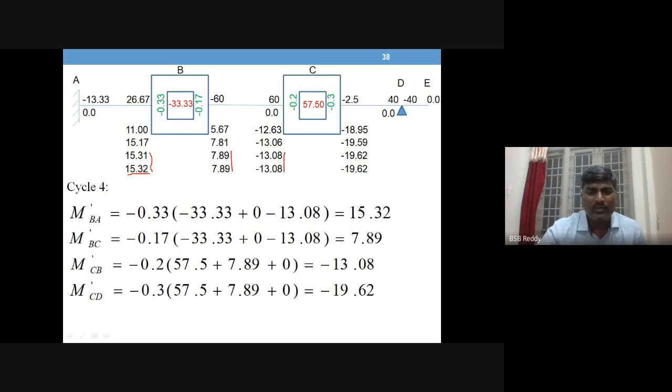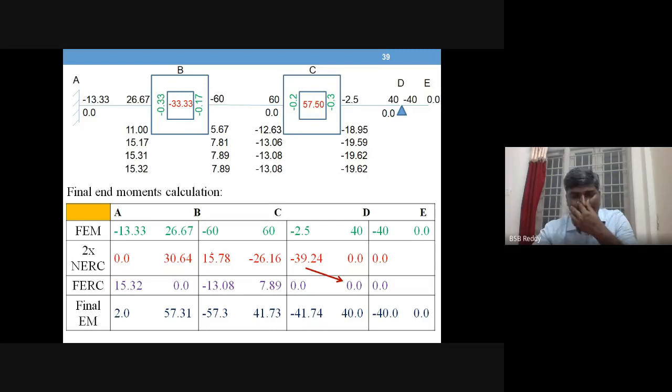Difference is 0, difference is 0, difference is almost 0. So now we use these values, fourth cycle values, for end moment calculation. Now you can see what will be the changes that will happen for end moment calculation.